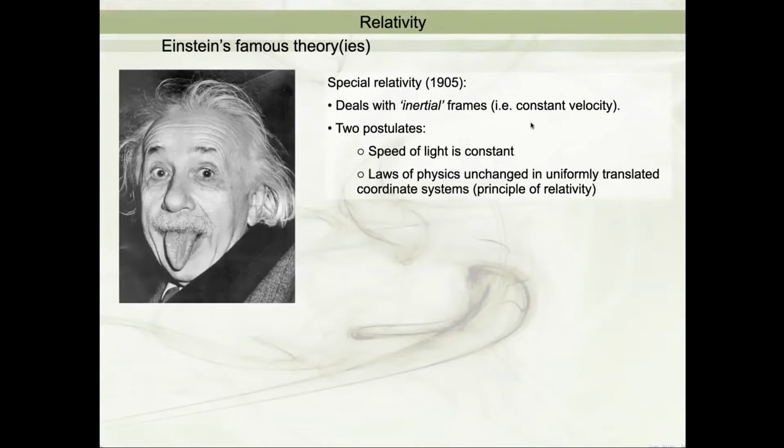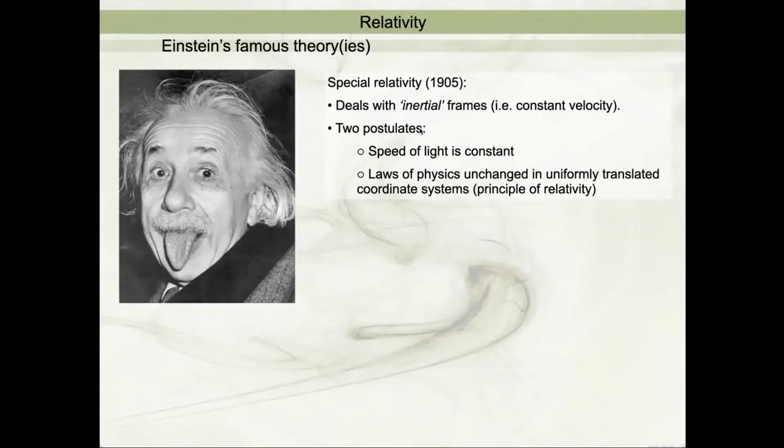And the special one deals only with objects that are moving at constant velocity or are not moving at all. But if things accelerate, or if things are in a gravitational field, then it doesn't deal with it. And I'll come to that. It's the second theory he came up with.